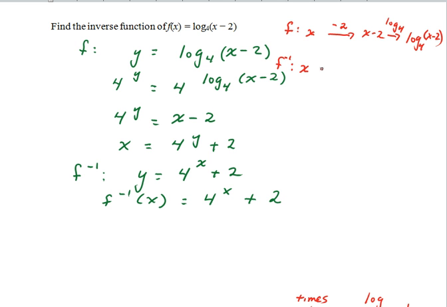So the last process in f was log base 4. Its inverse would be 4 to the power. And then when we subtracted 2, we would add 2. This is the essence of the inverse functions, that they reverse the order of what was done and replace what was done in each step with the inverse.